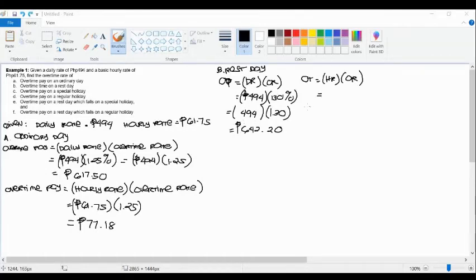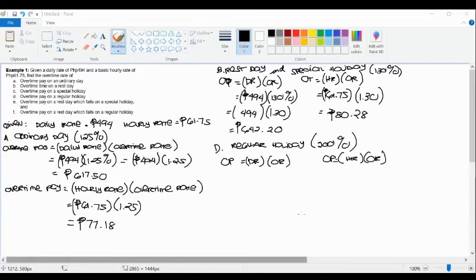Now for the hourly rate, that is 61.75 multiplied by 1.30. So it will give us an answer of 80 pesos, and if we round this off to two decimal places, that is 28 cents.